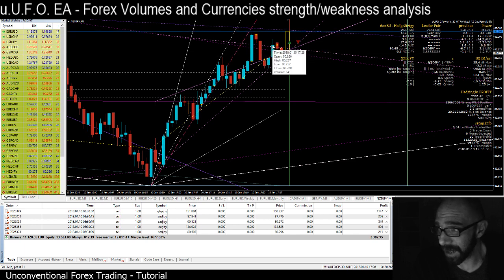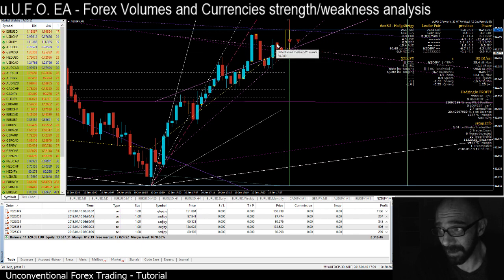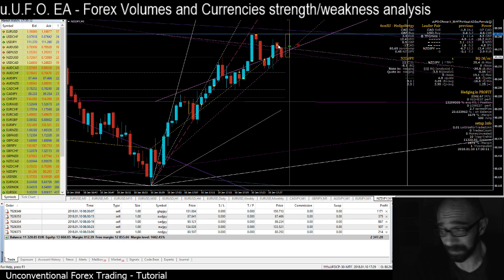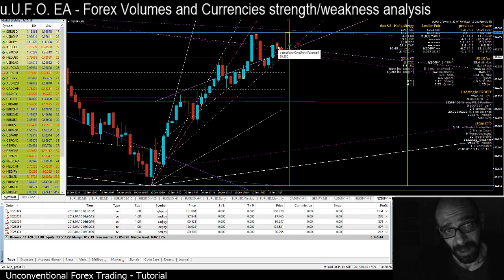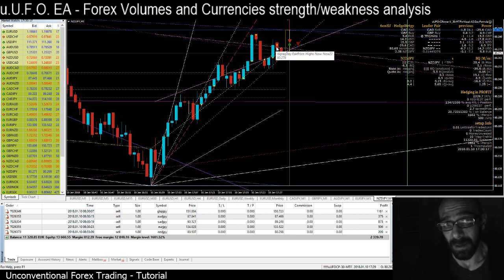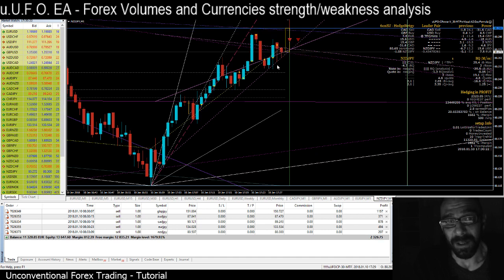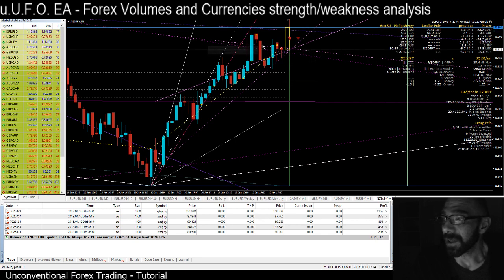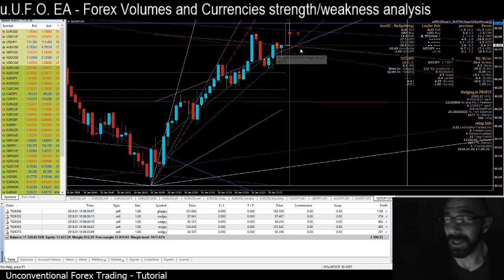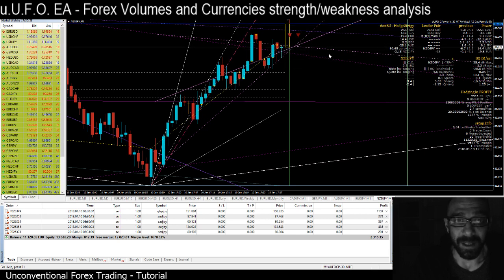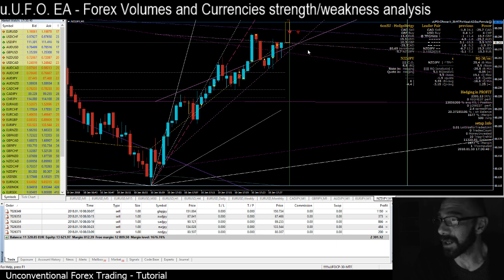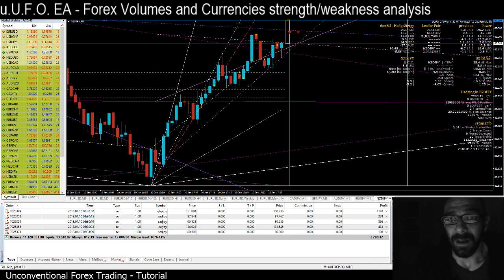Price arrived to this level and then opened here, the next bar, and there was some volumes activity at this level, and then the price went down, retraced, and then let's see what it's going to do into the next bar. Of course, as you can see, we have levels of support and resistance here that are painting because of the formulas that are calculated.